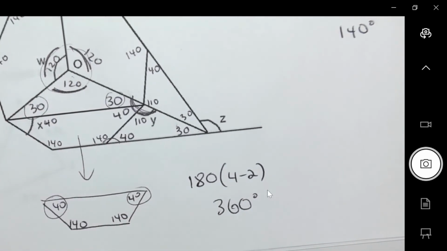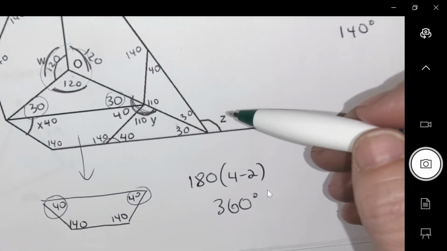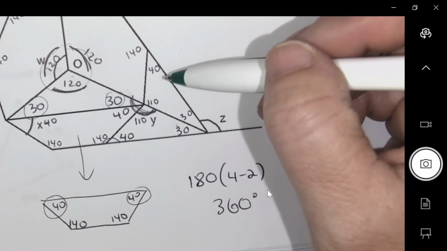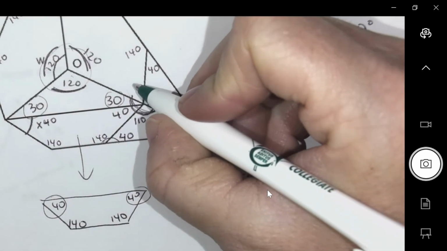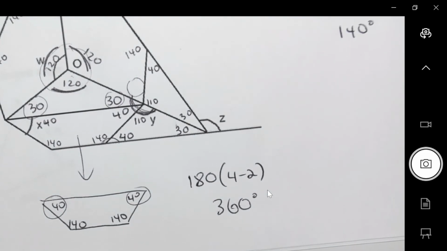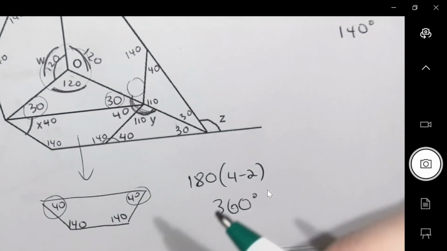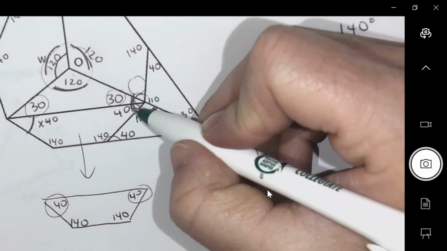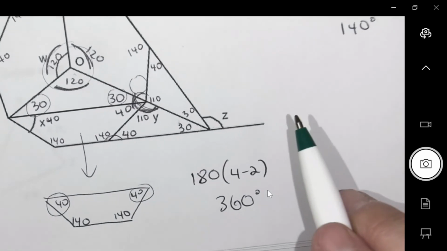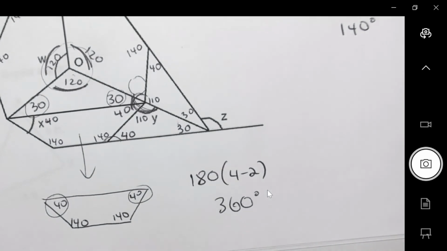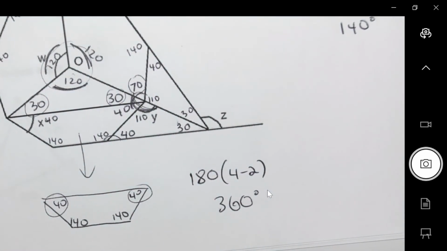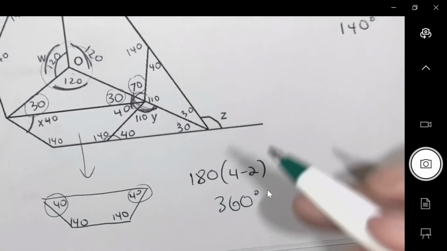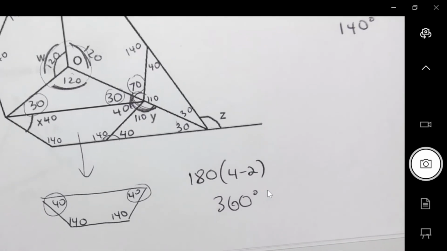Can't we find that one in the corner by the 30 and 40 by subtracting that from 140? Like on the other side. Yes, right here, that spot. And then also on the other side over there too. Okay, so 140, because that whole thing is that angle. 140 minus 70 leaves me with 70. Yep, so that also just flips it too. I didn't think of that one.